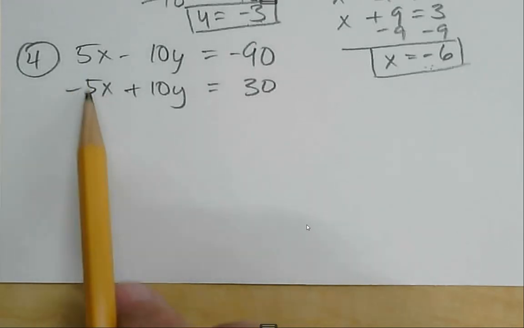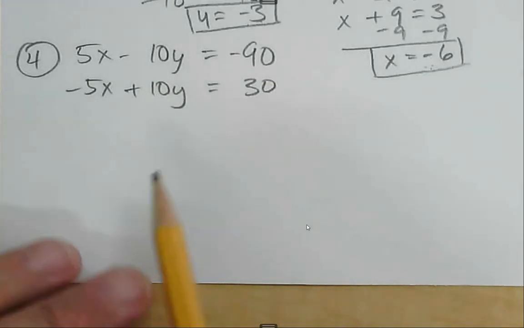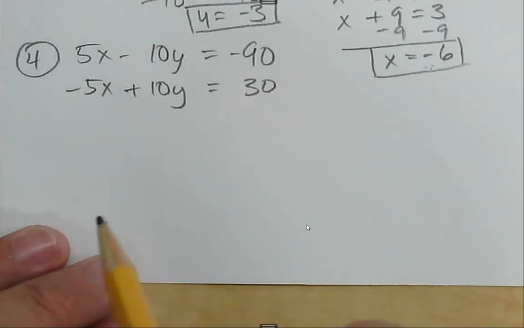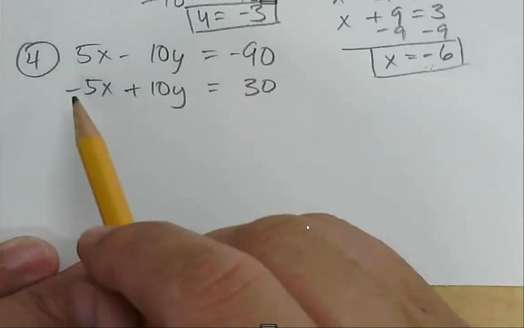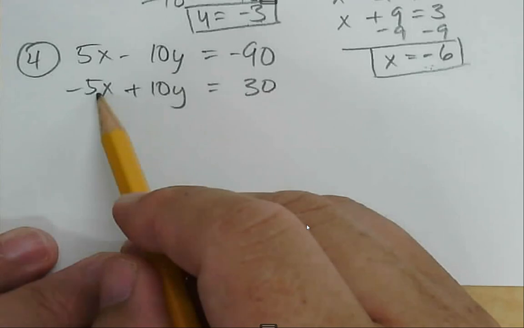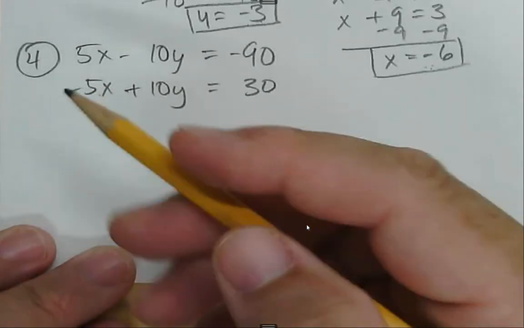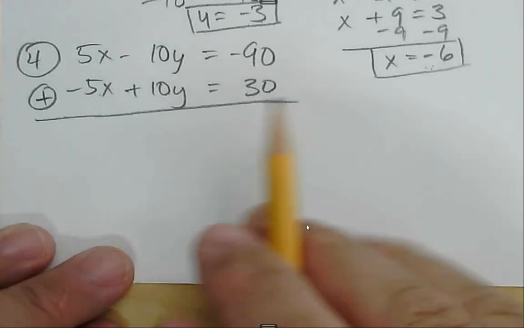We can work with the 5 and the x terms, or we can work with the 10. It doesn't really matter which one. But the first thing I need to decide is what kind of operation am I going to use, addition or subtraction? Well, 5 plus a negative 5 would in fact give me a 0. So why not? We'll use addition. So I'm going to add.